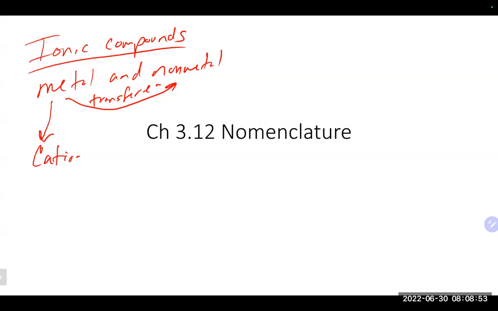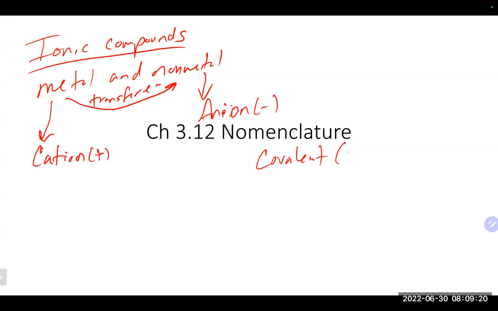We create cations out of our metal, which are positively charged. We create anions out of our non-metal because they gain the electron and are negatively charged. Once again, as we talked about in bonding, there's no sharing of electrons here, just a transfer of electrons. The other type of naming we'll talk about is molecular or covalent compounds.